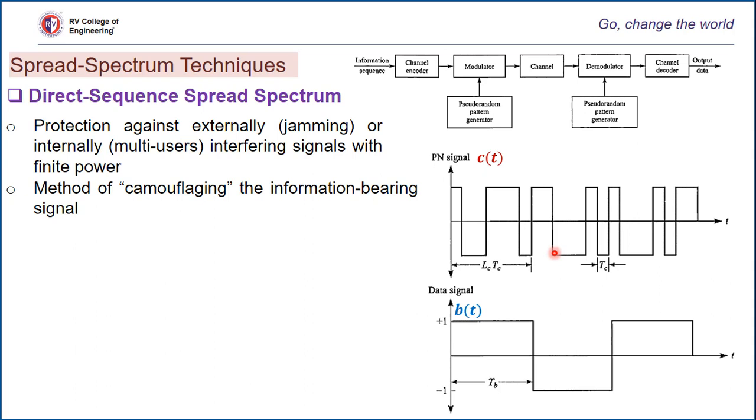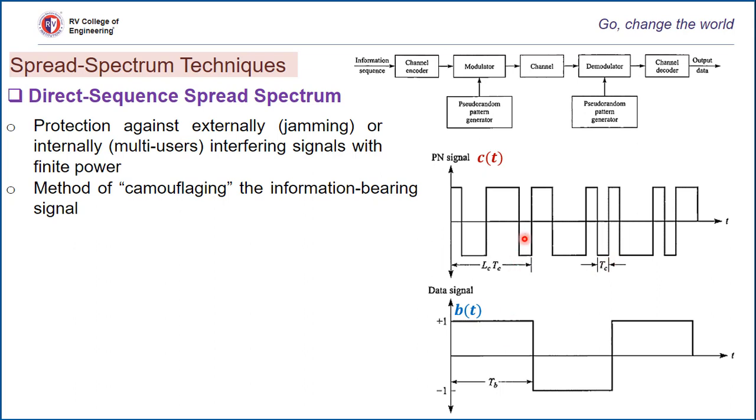So PN sequences, which we have studied as three major types in earlier videos, have a role in the spread spectrum technique of spreading the information signal. By multiplying the information bearing signal b(t) by the PN signal c(t), we mean that each information bit b(t) is chopped up into a number of small time increments which are commonly referred to as chips.